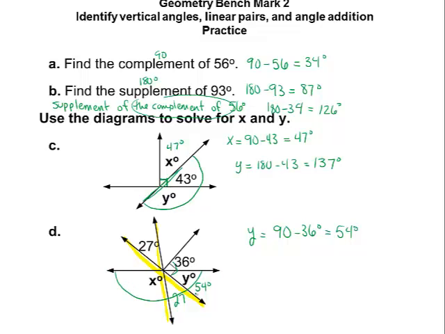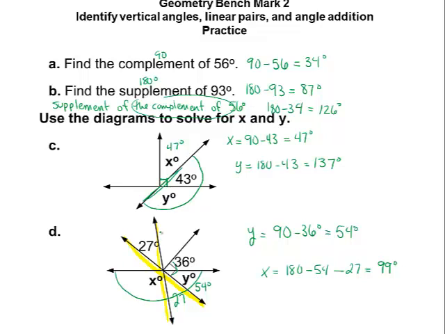So these three angles together are going to add up to 180. So x is going to be 180 minus this 54 and minus this 27. So I'm going to cheat. So that's going to be 99 degrees. If we had to, we could find these other two missing angles as well using kind of the same ideas if you needed to.